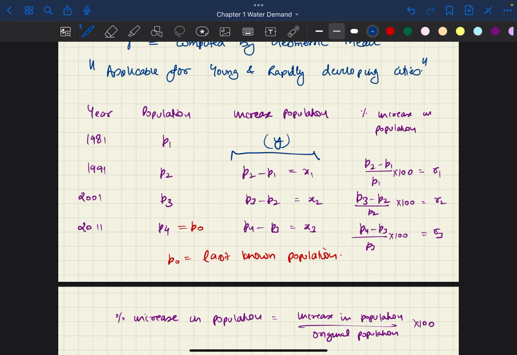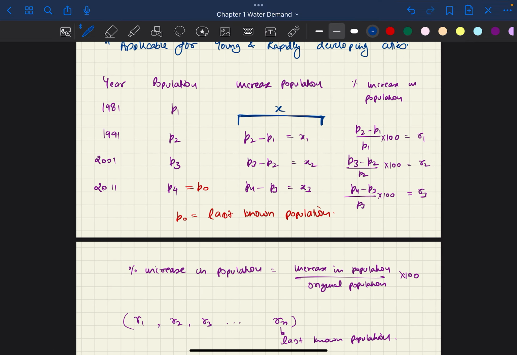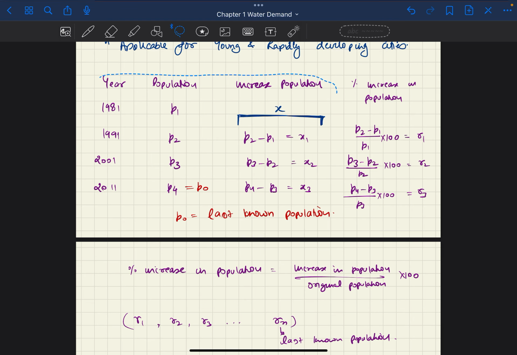Oh, sorry. This is not increment, this is x. I'm sorry. This is x. Increment. I'm going to copy this data so that you know what this is.